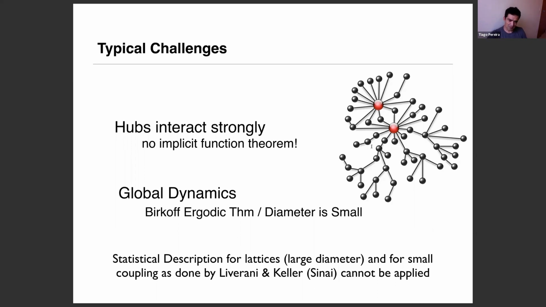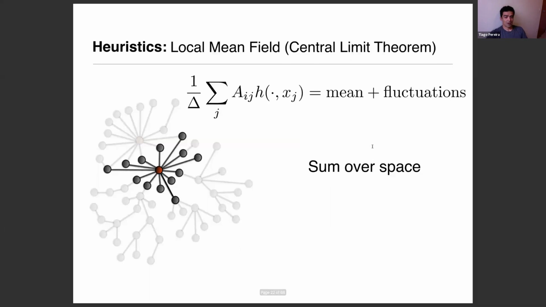So this problem seems super complicated, but actually has some kind of trivial flavor. Let me try to convince you that this problem is not so tough. Because what's the key idea here? The key idea is that the interaction is small for the low degree nodes, but for the hubs it is kind of large.